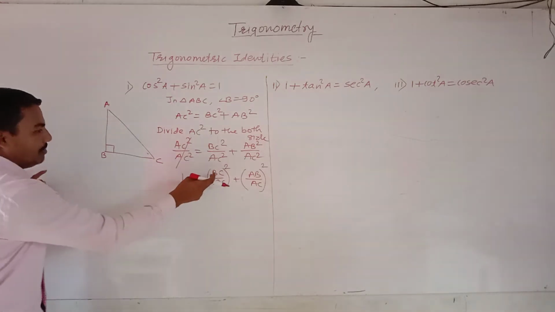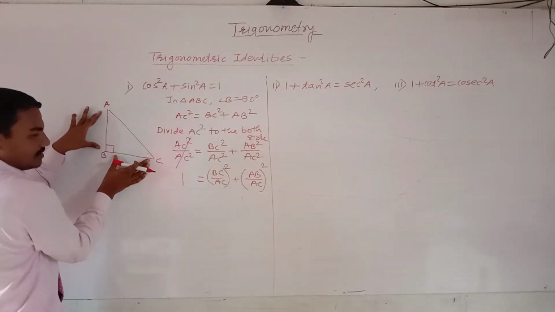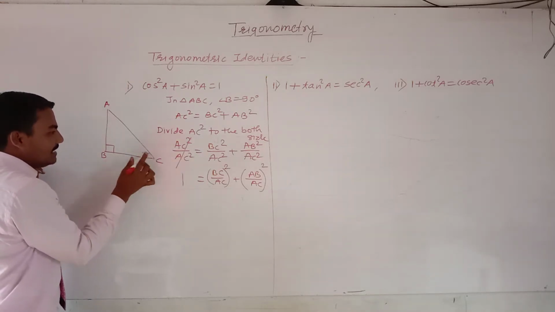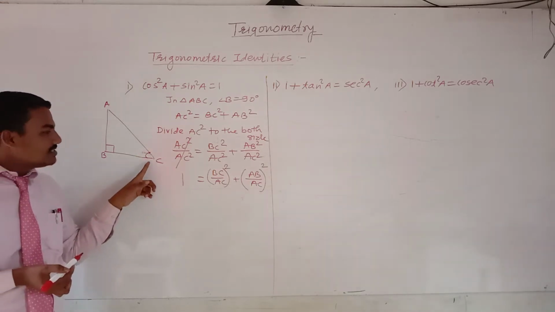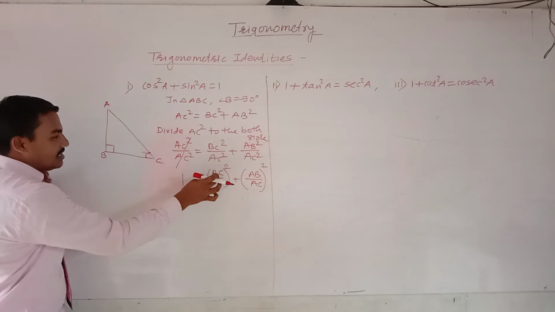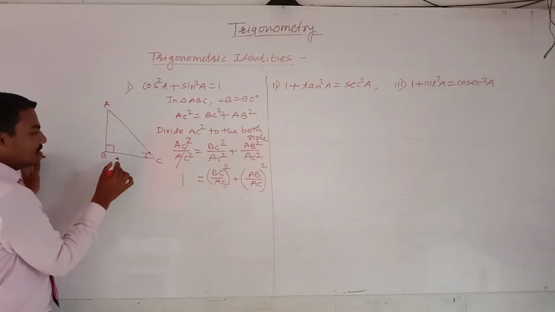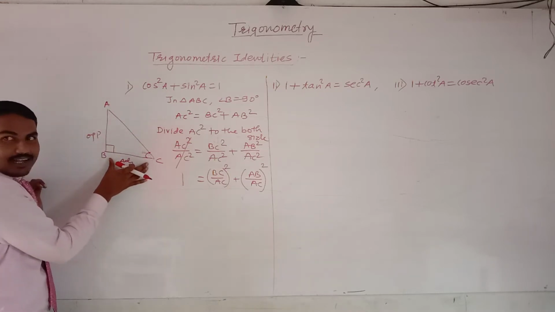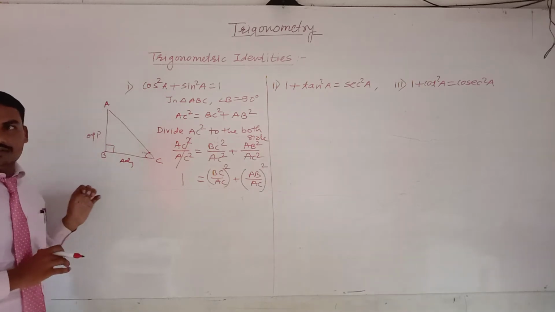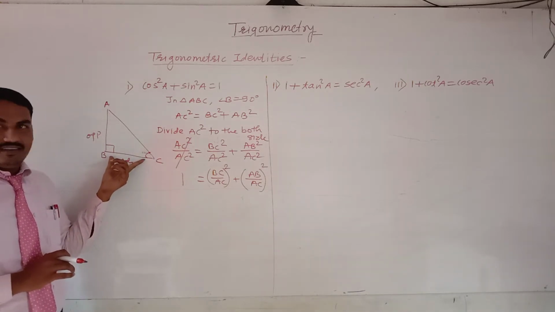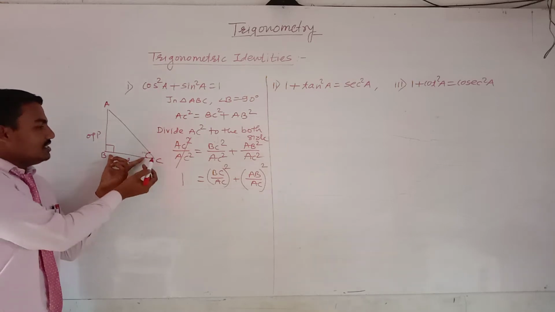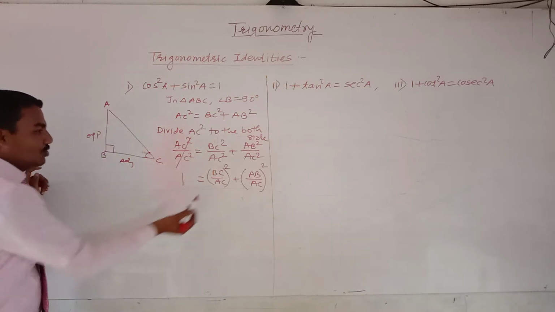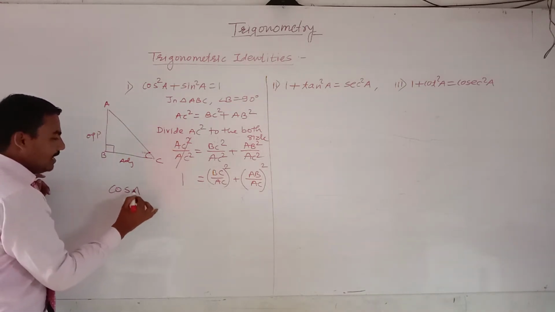Suppose I consider this angle as the acute angle. So for BC by AC, BC is adjacent and AB is opposite, and AC is nothing but the hypotenuse. So BC by AC is adjacent upon hypotenuse.